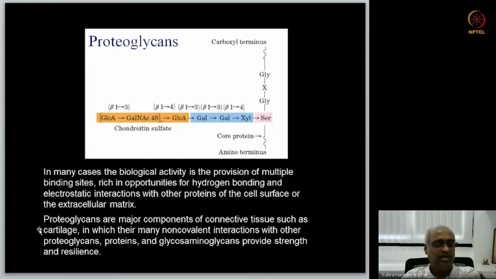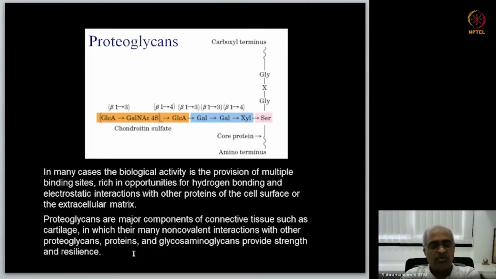Okay. So proteoglycans are major components of connective tissue, such as cartilage. I told you a good example, cartilage: your outer ear, earlobe, the nose as well. So you touch and feel your nose, how it feels. In it there are many non-covalent interactions with other proteoglycans and proteins.